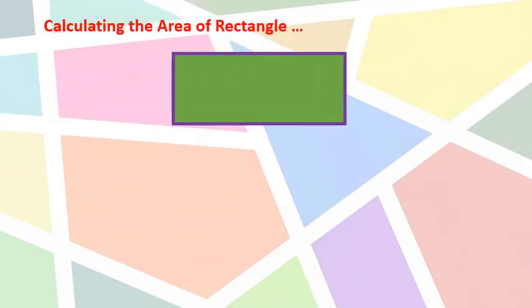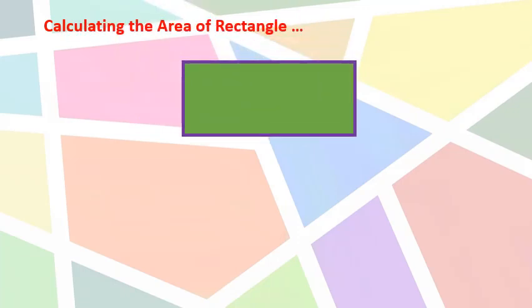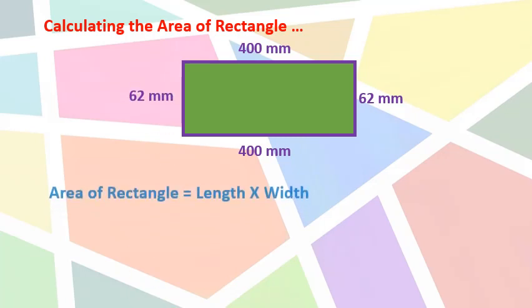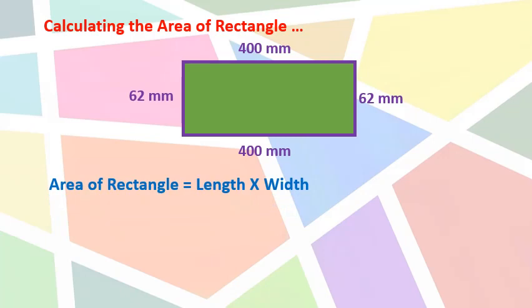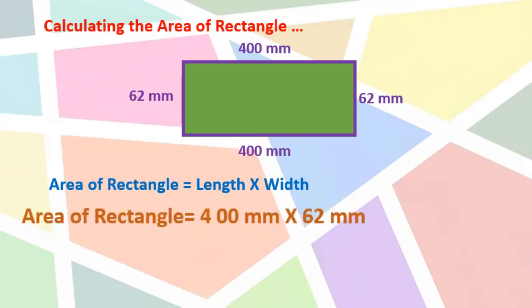Another example in calculating the area of a rectangle. This is the rectangle. Again, to calculate the area of it, I'm finding the measure of this green part. So we have in this rectangle length equals 400 millimeters. Width is 62 millimeters. Let's begin with the formula, which is length times width, which is 400 millimeters times 62 millimeters.